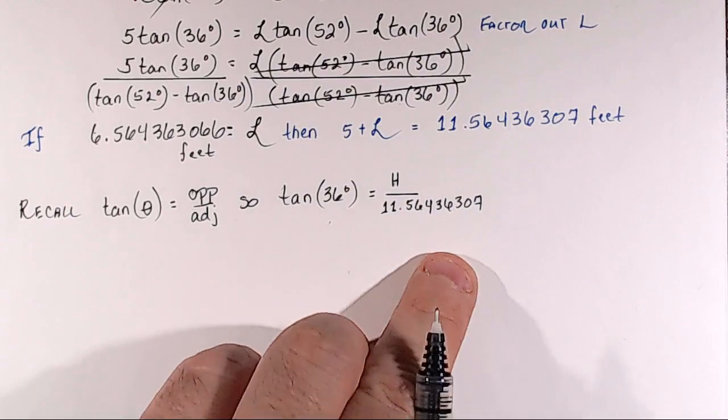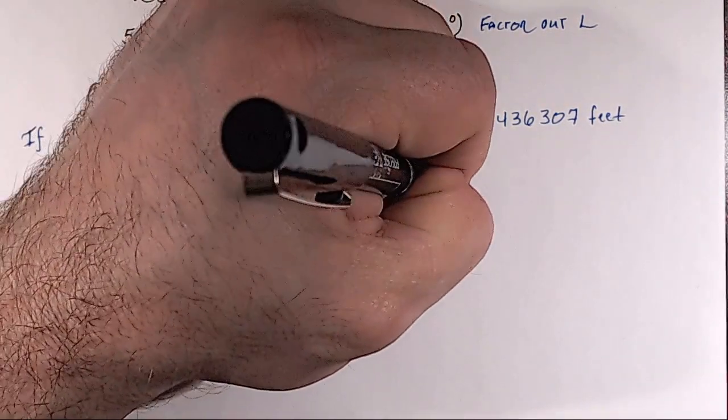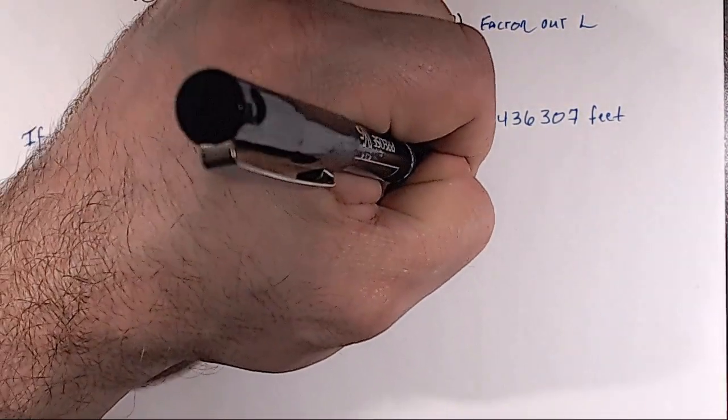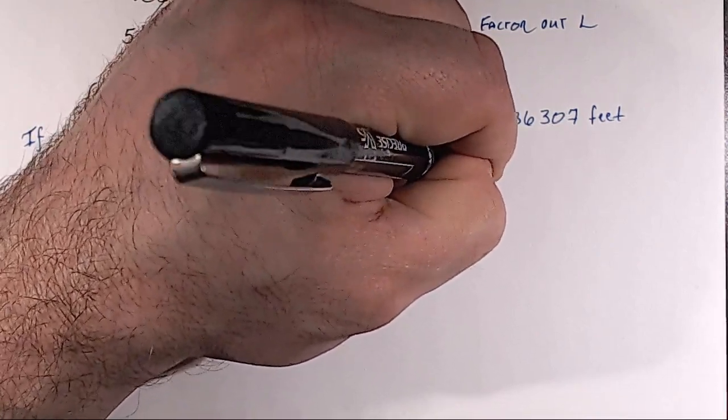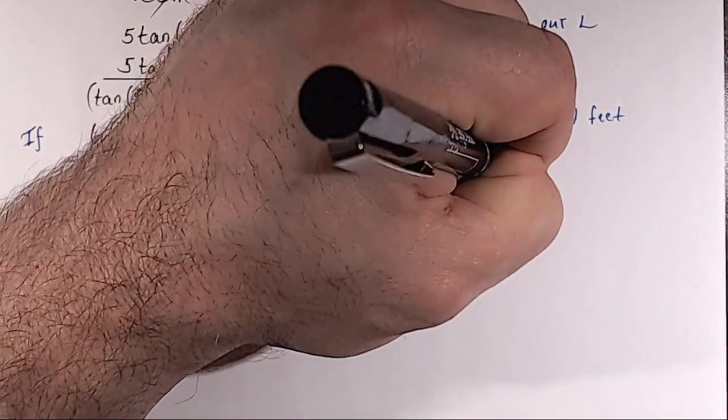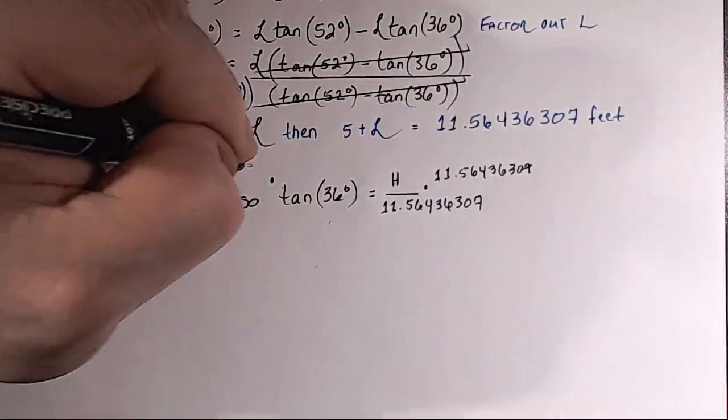So if I want to get H by itself, I just multiply both sides by 11.56436307.